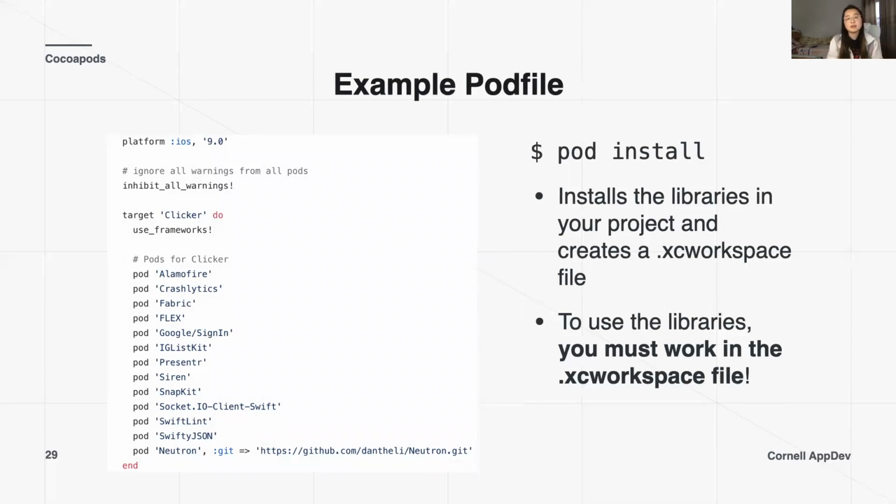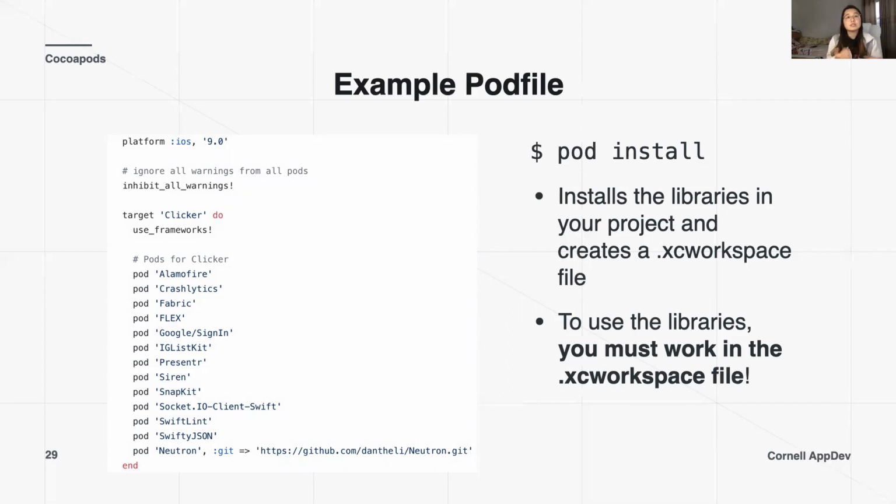There are so many libraries you can use, but the idea is that you just list all of them here in the Podfile and then install them, and you can delete pods or add pods as you need. Once you edit this Podfile, if you run pod install within your terminal, this will install all of these libraries onto your project.